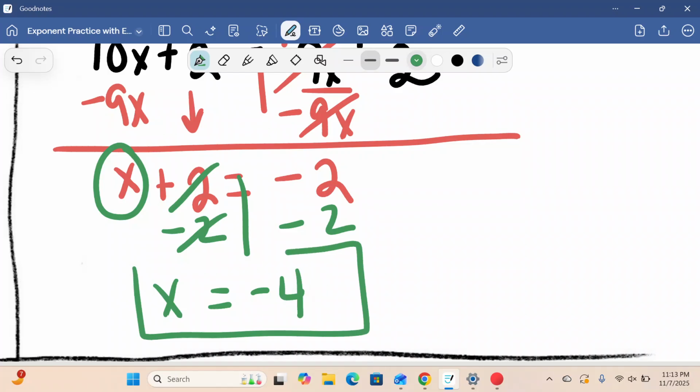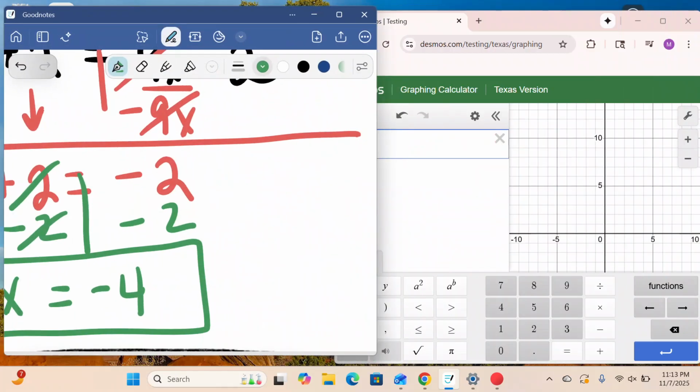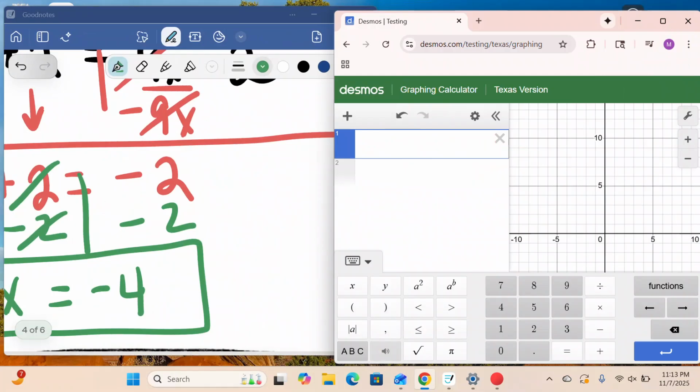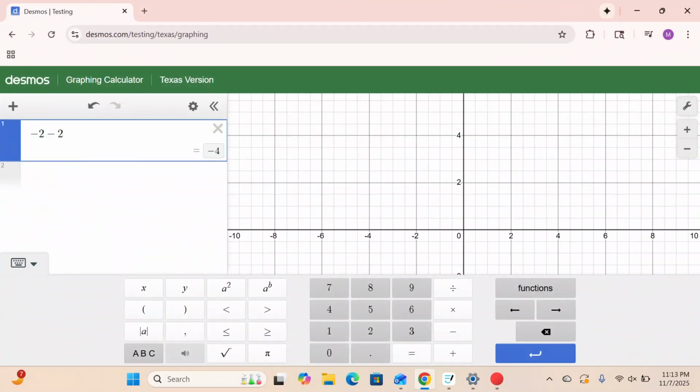And if you look at that right there, if you don't know how to do that, let me show you one more time. You go into your Desmos and you put negative 2, and then you go minus 2, and it gives me negative 4 on Desmos. So once again, Desmos will always do the work for you. You don't know what 6 minus 3 is, Desmos will do it for you.